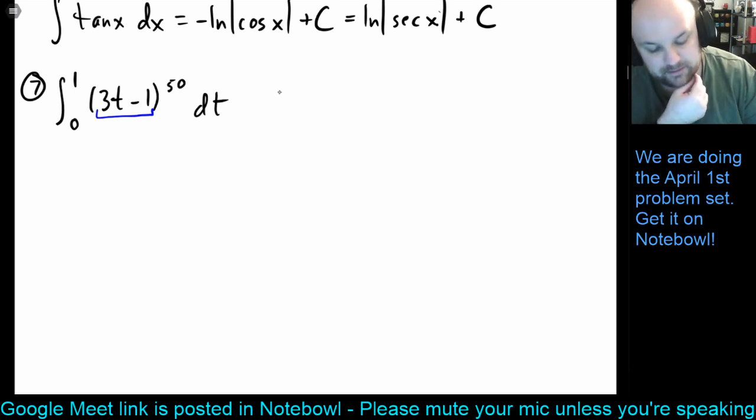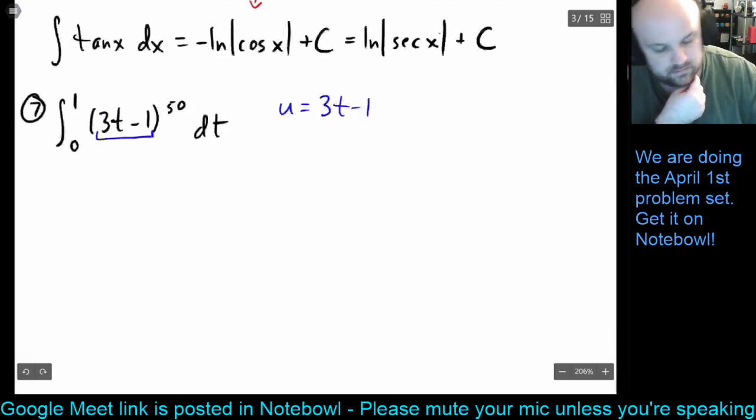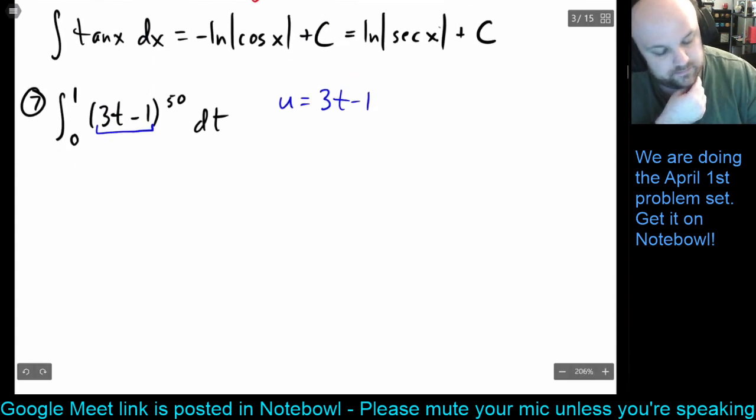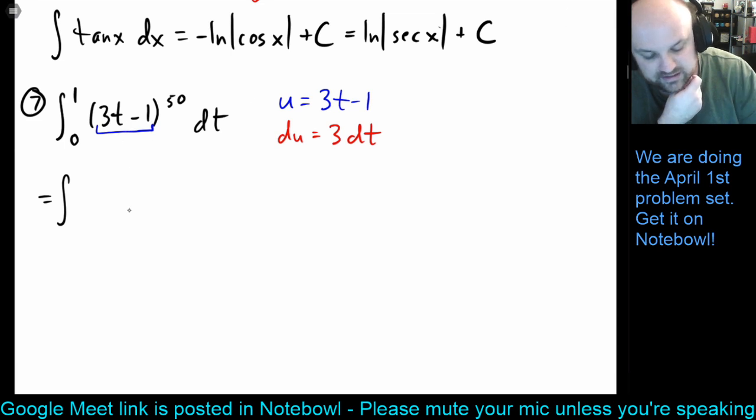So the better way is to do this with a u substitution. du is going to be 3 dt. So when we're plugging these things in, it will be u to the 50th, and dt will be 1/3.